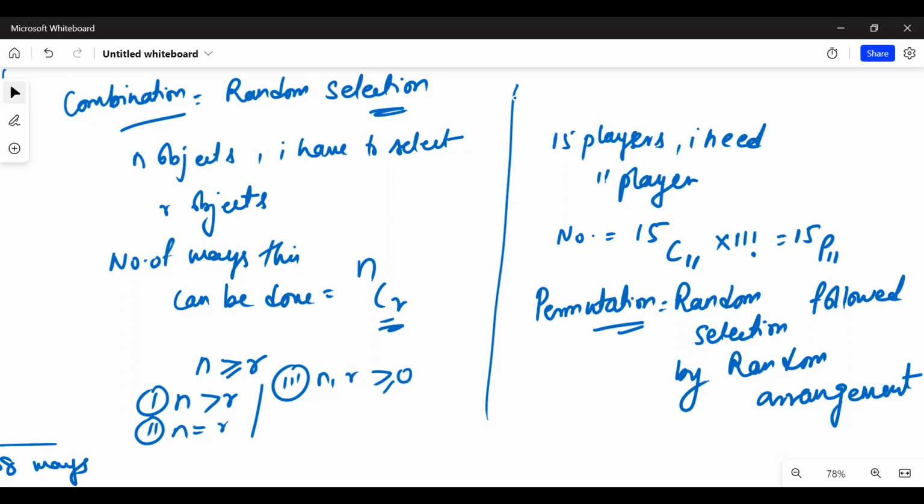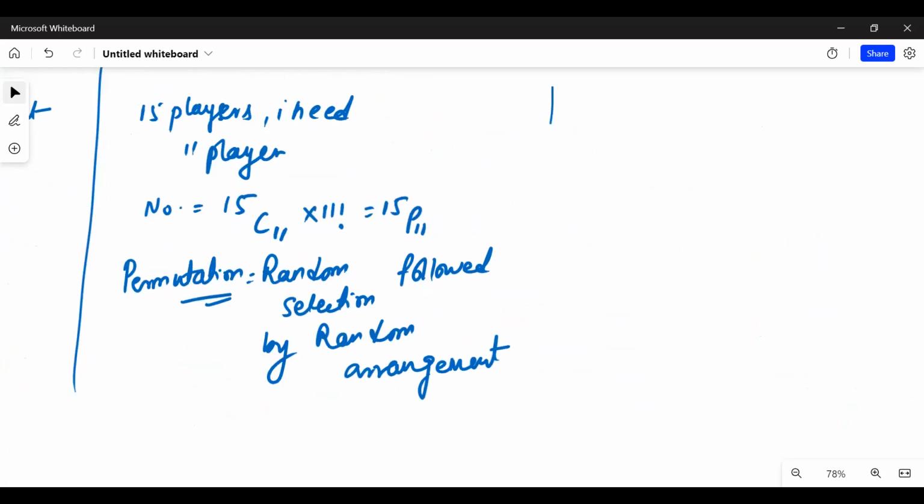Permutation is all about selection followed by arrangement. If you only select them, it is a combination. Once you select them, if you arrange them also, then it is called permutation. So please remember this relationship, that nCr into r factorial is equal to nPr. So this is called permutation. Permutation is selection followed by arrangement.